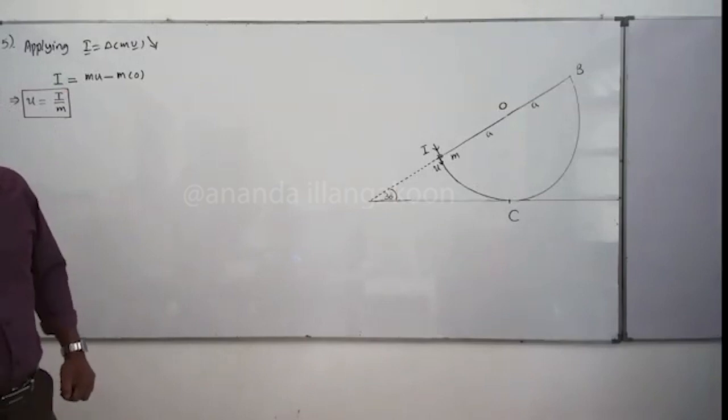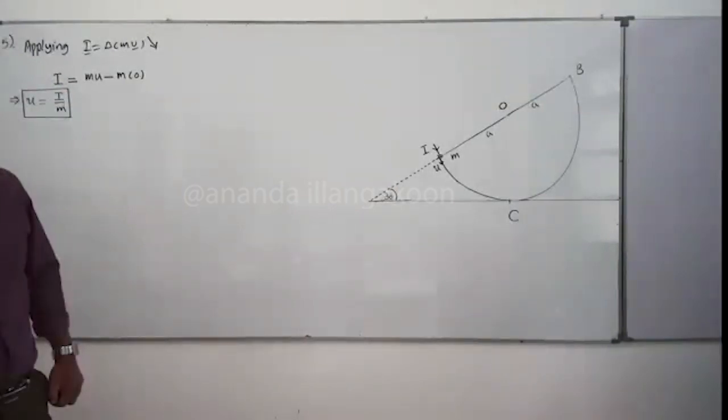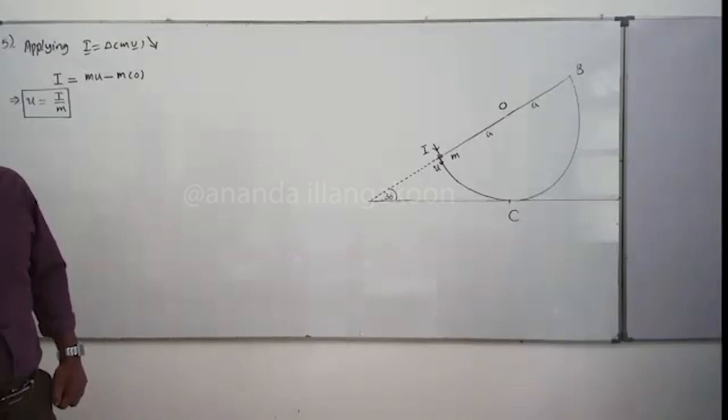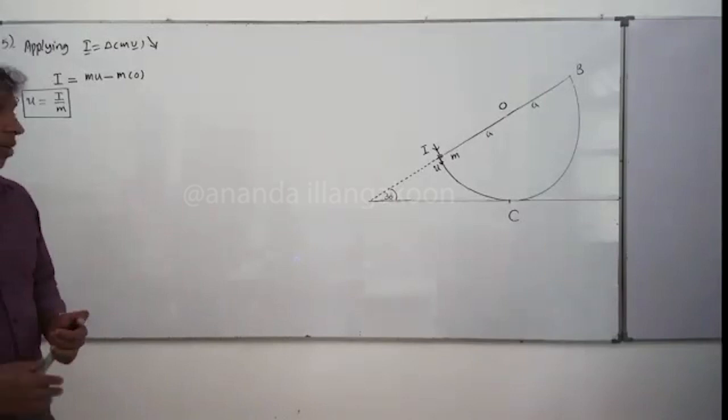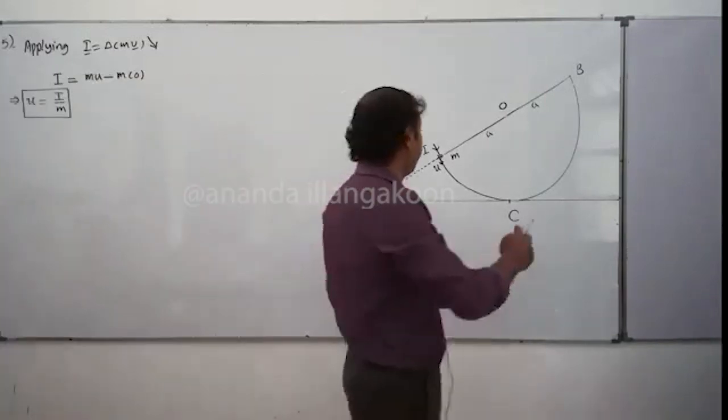Find the velocity of the particle P and the reaction on it from the ball when it is at a point between C and B, such that the angle OP makes with the downward vertical is alpha. Between C and B, we are asked to find that.